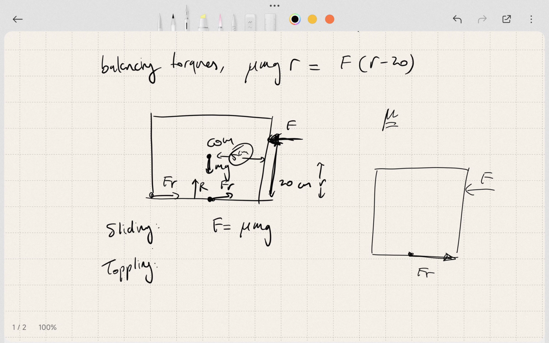In this scenario, we need to figure out where to take the torques. There are plenty of places where you can take the torques, obviously.